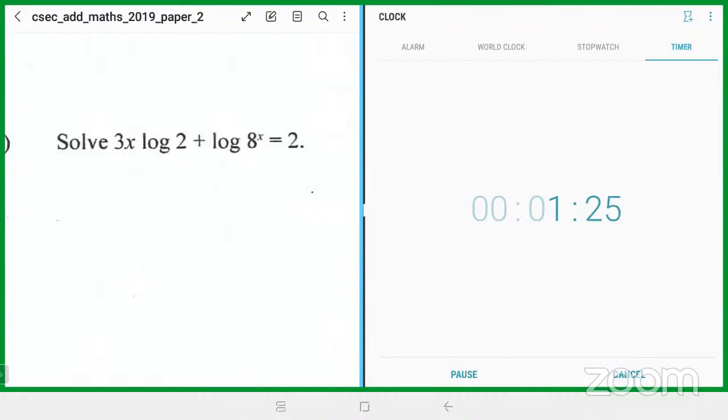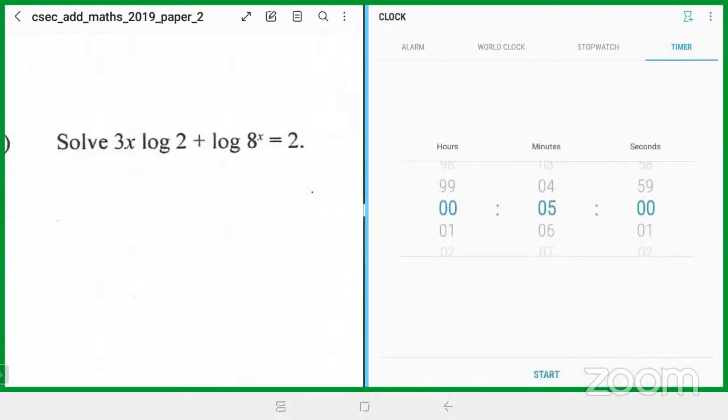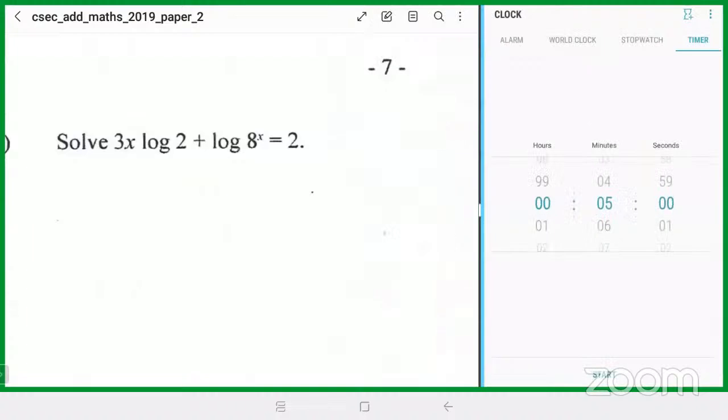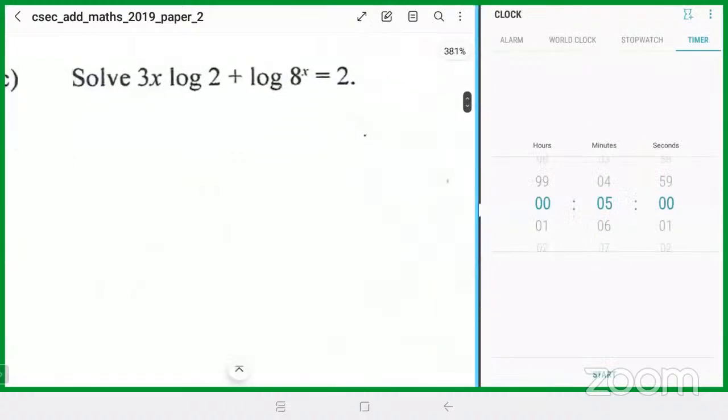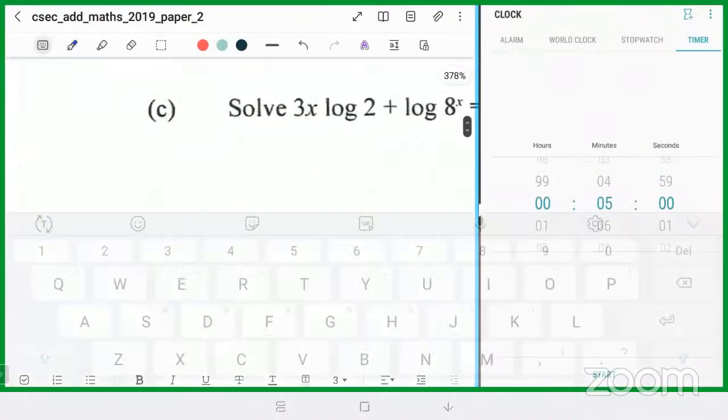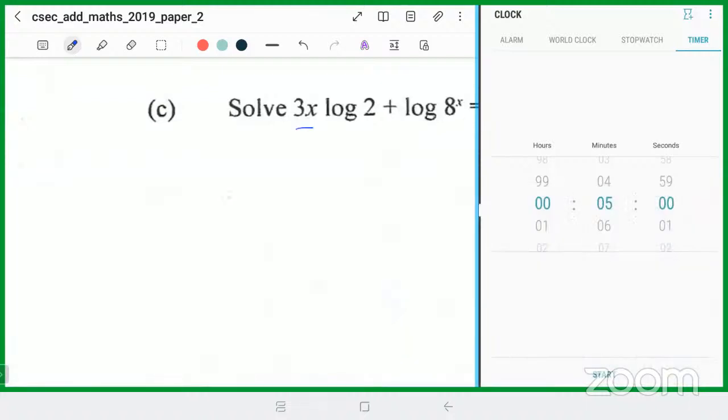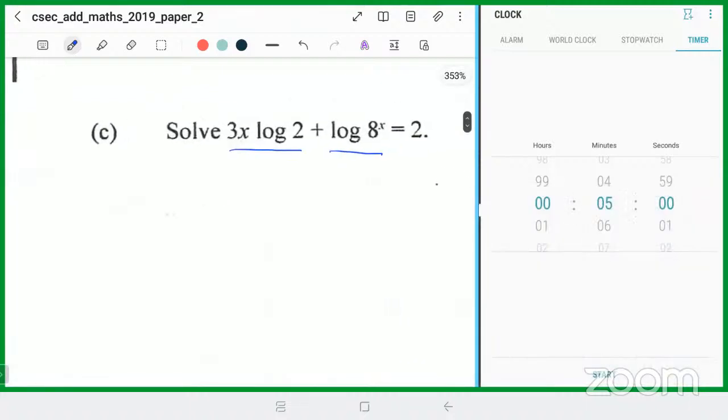Anybody finish now? Yes, sir. All right, let's see. All right, so looking at this, there are some similarities in these two.